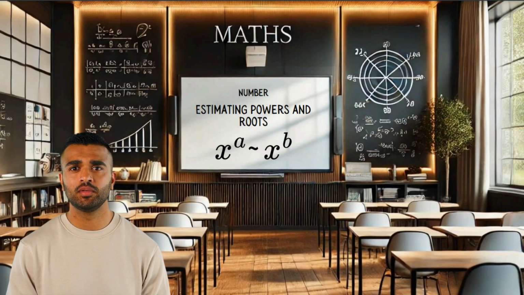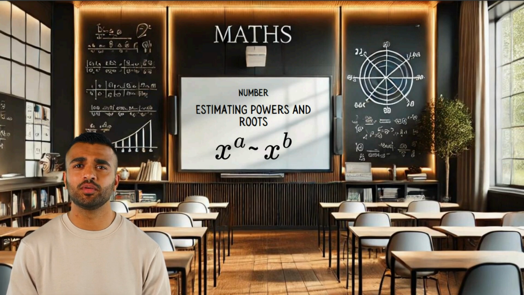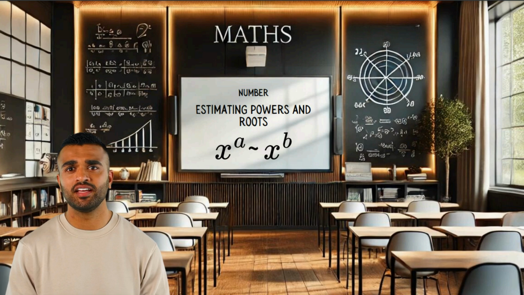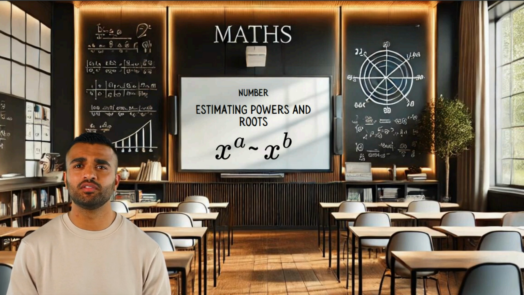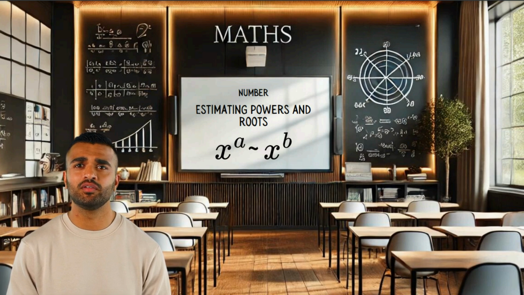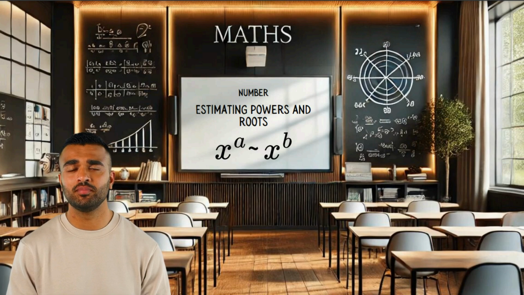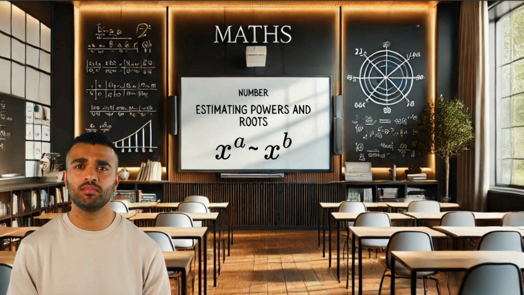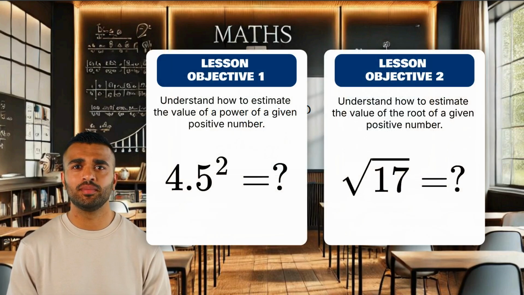In today's lesson, we began by revisiting the definitions of exponents, powers, and roots to ensure clarity. Specifically, we recalled that powers are the result of multiplying a base number by itself multiple times, and roots are the inverse operation, identifying which number, when multiplied by itself, yields the original number. We learnt how to estimate powers by using known powers and roots.